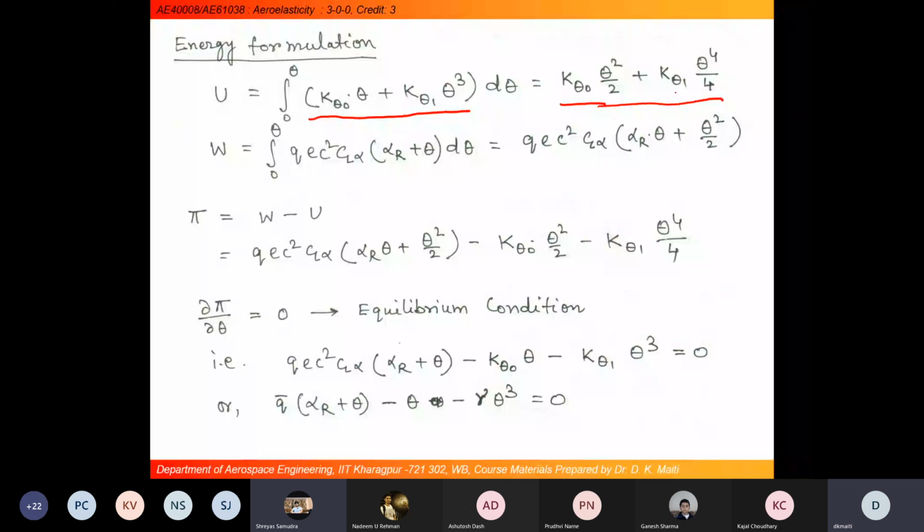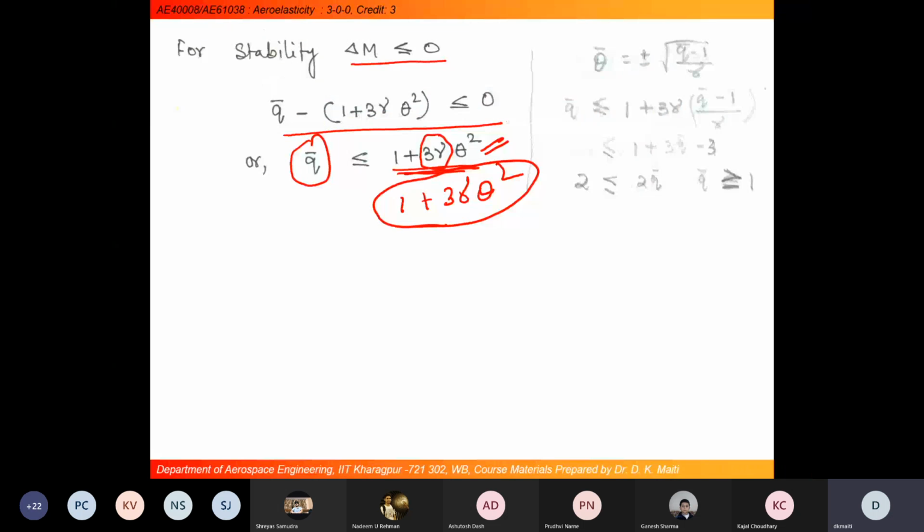Yeah, obviously, in this case, delta theta, whatever we are considering, will be in the positive sense. All our derivation is based on positive theta. If it is negative theta, then it goes different: instead of giving positive delta theta, if we are giving negative delta theta, then it will be different.